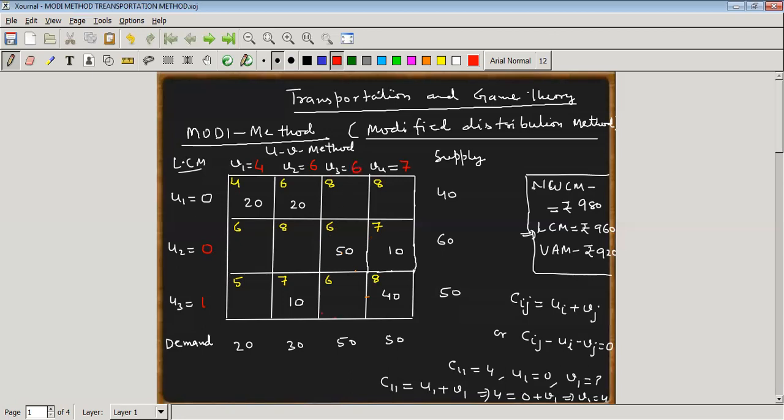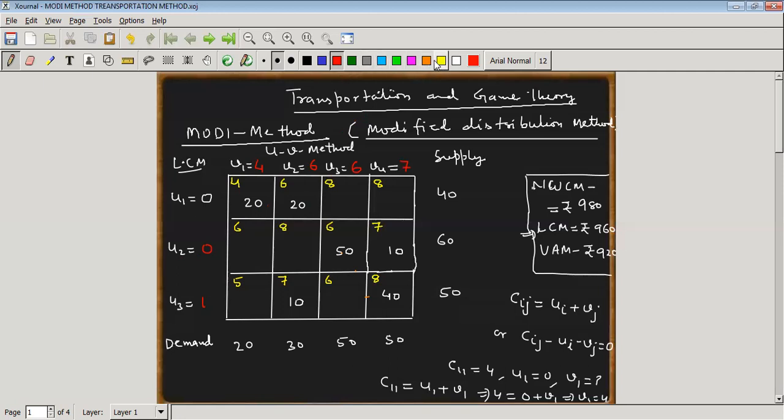So with the help of these, we can find U1, U2, U3, V1, V2, V3, V4. The total number of elements is 7, and we take one element to be 0, fixed. We find 6 values, and we have 6 allocations, so the number of values found and the number of allocations are equal.